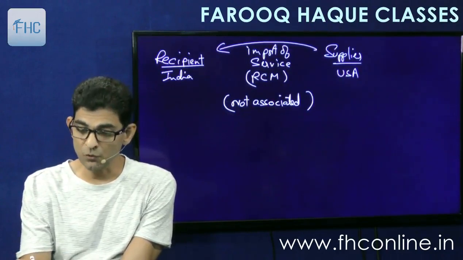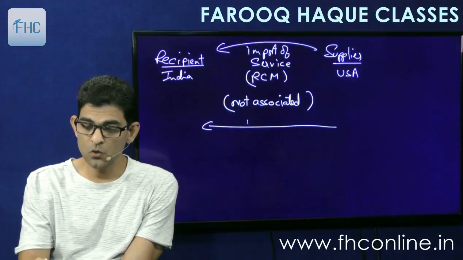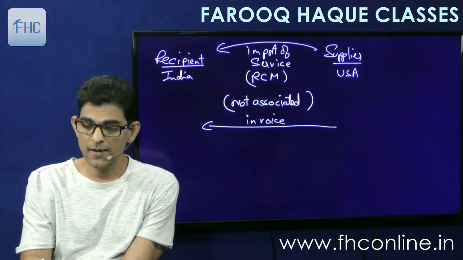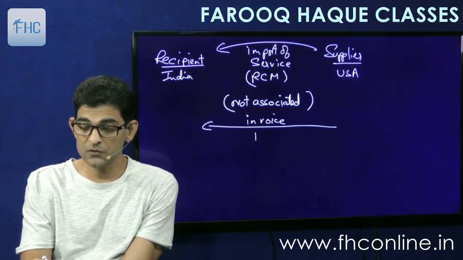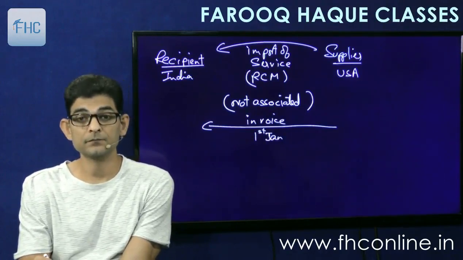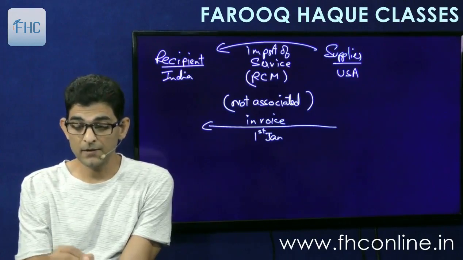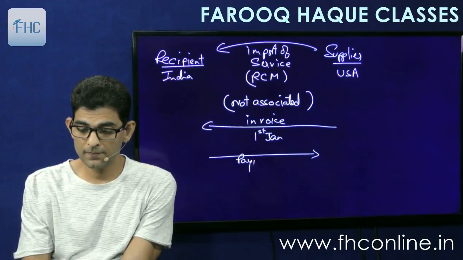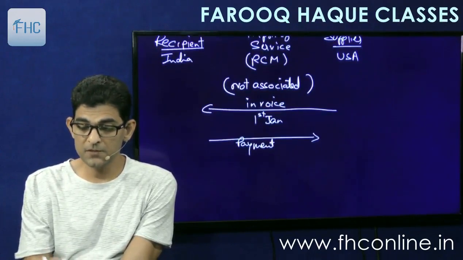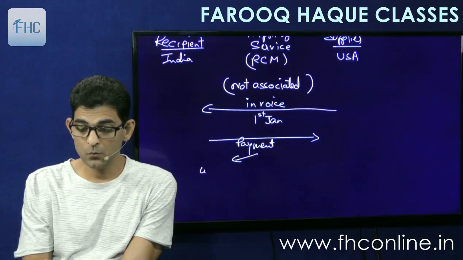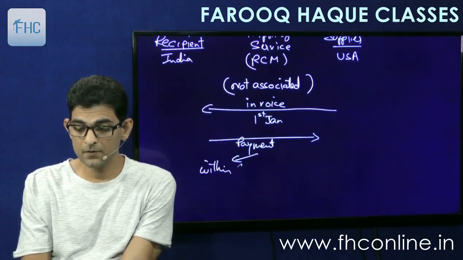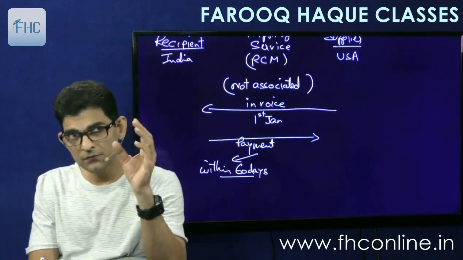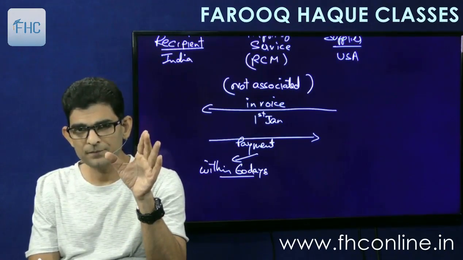Right? So let's take an invoice. The invoice date is, say, 1st January. Now, let us see when the payment is made. If this payment is made within 60 days, so 60 days means 30 days of January.